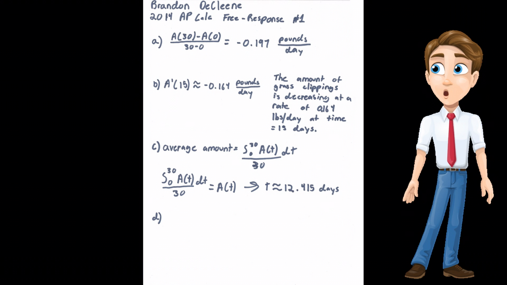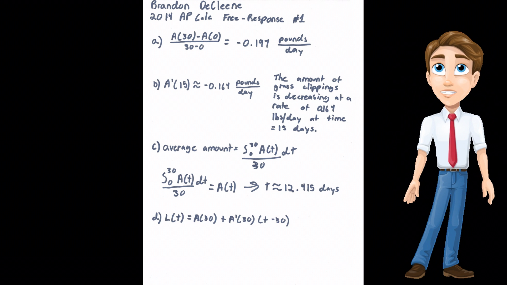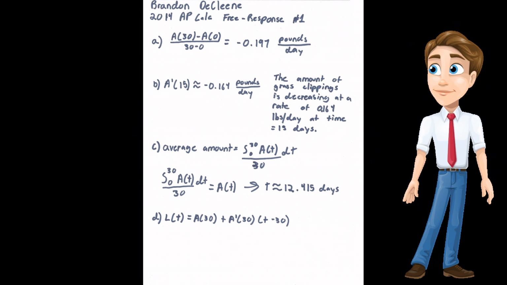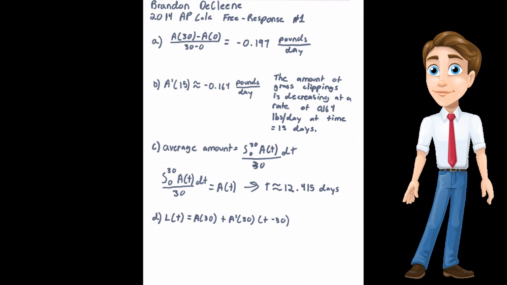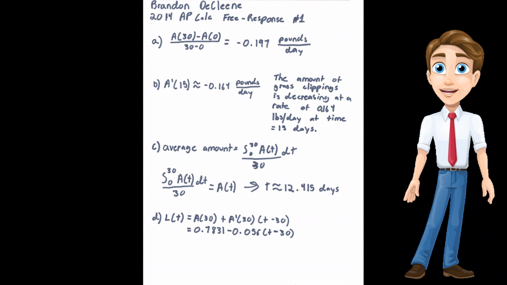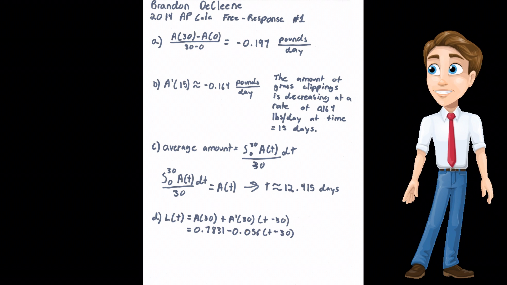The first step in solving this problem is to find L of t. L of t equals A of 30 plus A prime of 30 times t minus 30. Because this is a calculator problem, you do not need to write out numerical values for the equation, just what L of t equals. But just in case you're curious, I have included them.